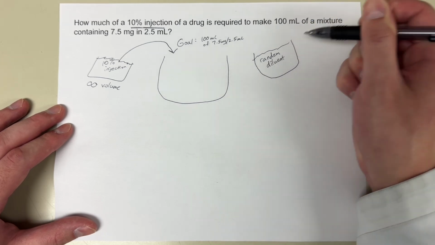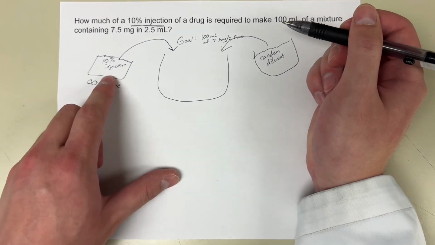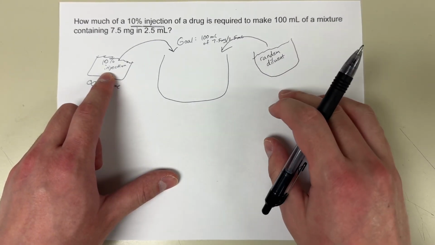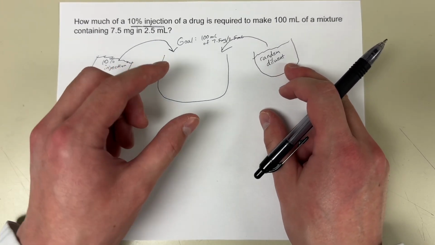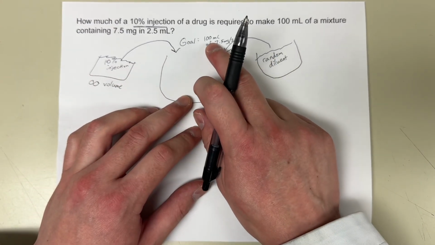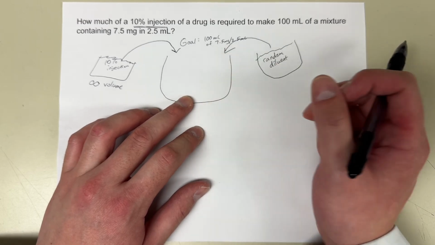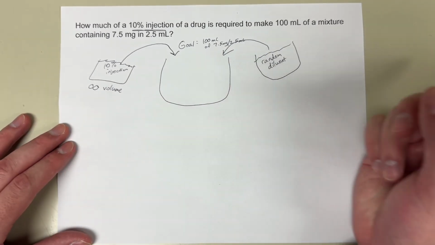They don't ask how much of this is, but this will be going into here also, because you're going to be mixing your 10% injection plus some random diluent into this currently empty container, and then you want it to make 100 milliliters total volume with the concentration of 7.5 milligrams per 2.5 milliliters.